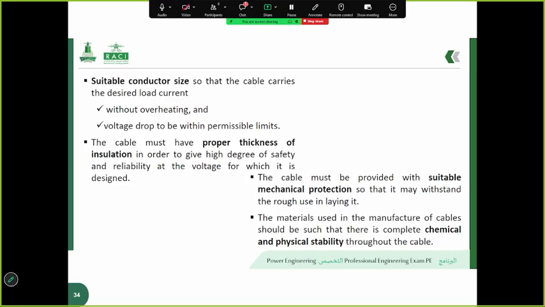Finally, to withstand stress and ensure a long service life, the cable must be provided with suitable mechanical protection, and the material used in its construction must have complete chemical and physical suitability throughout. So these requirements ensure the cable remains intact and performs reliably under various operational and environmental conditions.